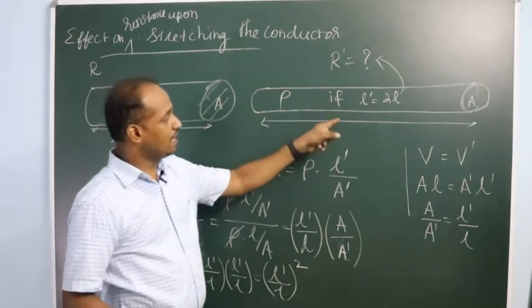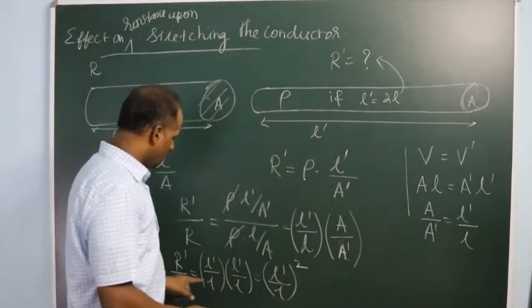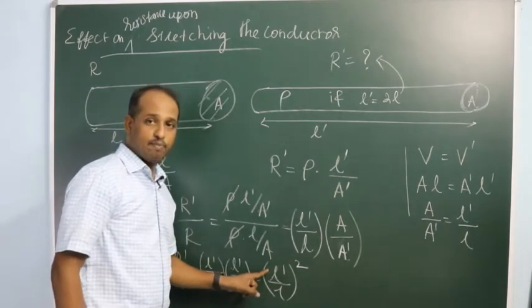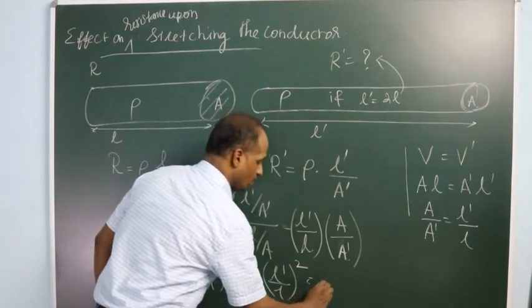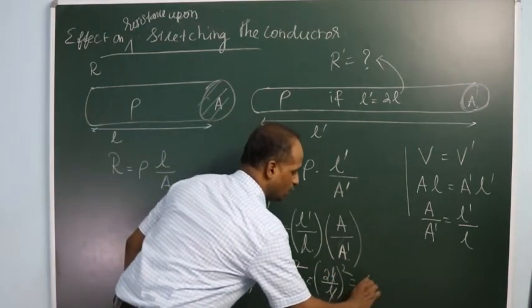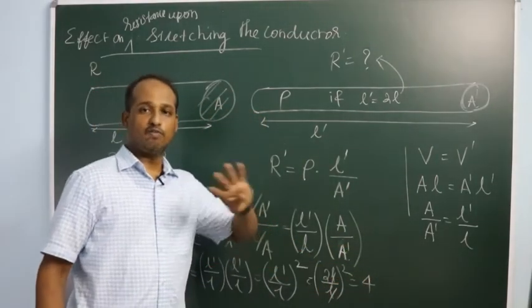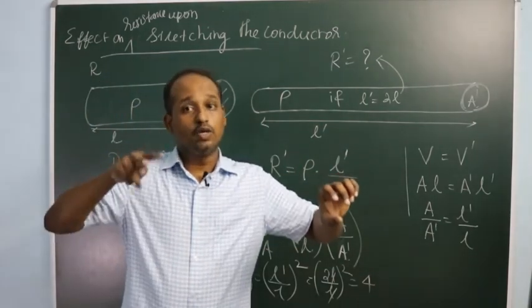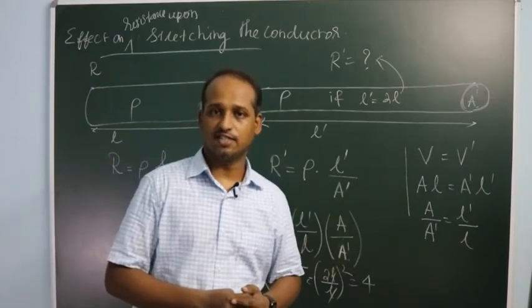Then in this case, L prime is 2 times the length, so 2L by L whole square. L and L will be cancelled, so it is 4. R prime by R is 4, then R prime is equal to 4 times R. When you stretch the wire to double the length, the resistance becomes 4 times the original resistance.